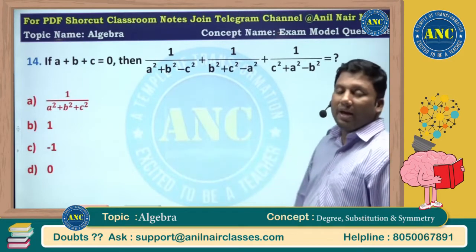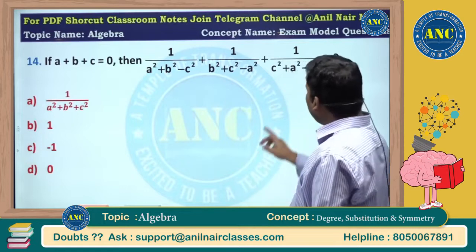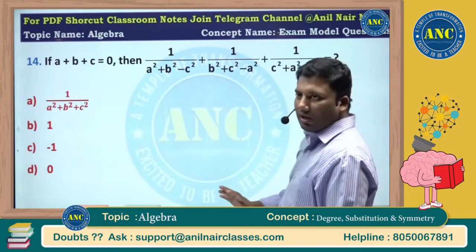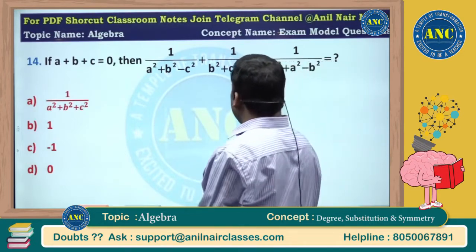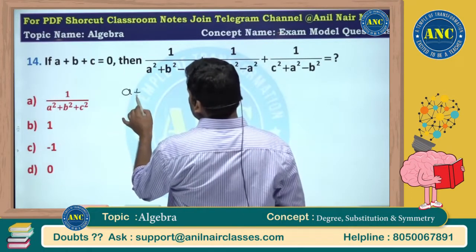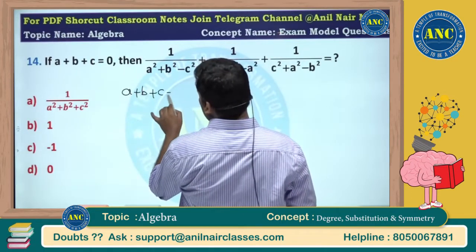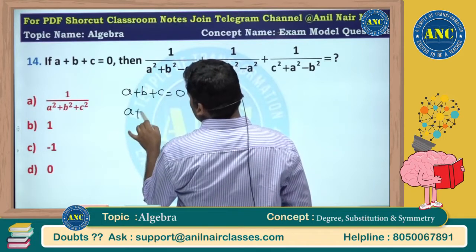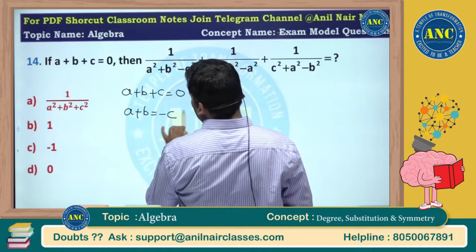Another one. If a plus b plus c is 0, if I make c 0, is anywhere becoming 0? A plus b plus c is equivalent to 0, that means a plus b is equivalent to minus c.